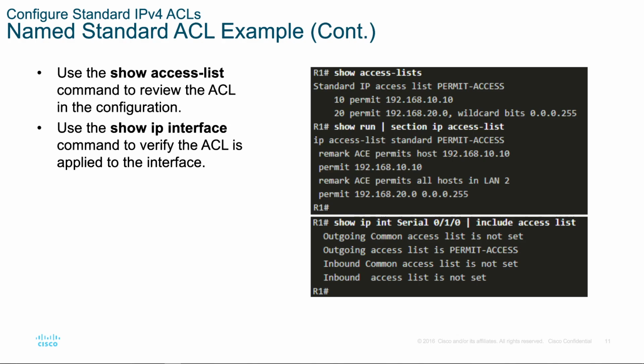The only way to see whether it's applied to an interface is with the show IP interface command. Yes, if you look at the interface in the running config, you'll have the command line there, but it's best to get used to using your show commands rather than the config command.